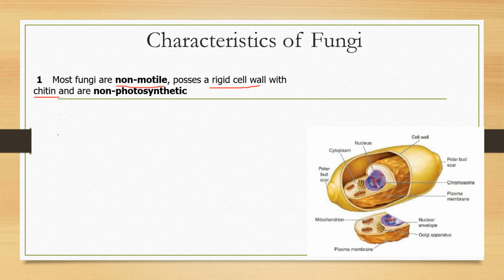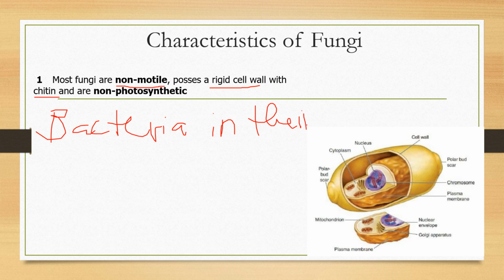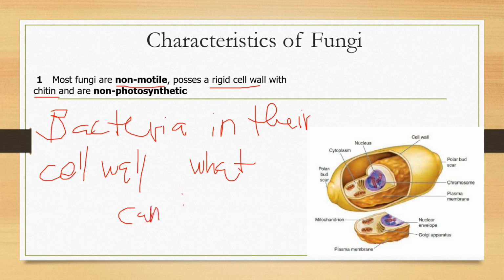Now, another recall question in your bacteriology. Your bacteria, in their cell wall, what can be found? So if in fungal cells you can find chitin, what about in your bacteria?